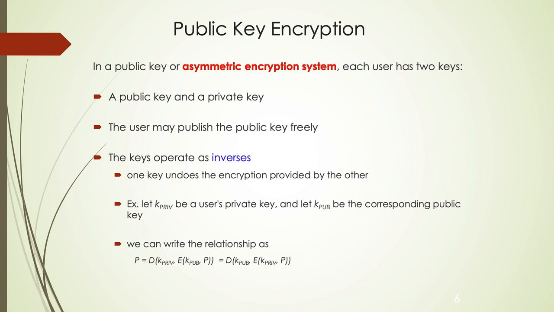So the decoding with the public key of the encoding with the private key. So you see, here we have the private key and public key, but the other one is public key and private key. So that is the relationship of it.